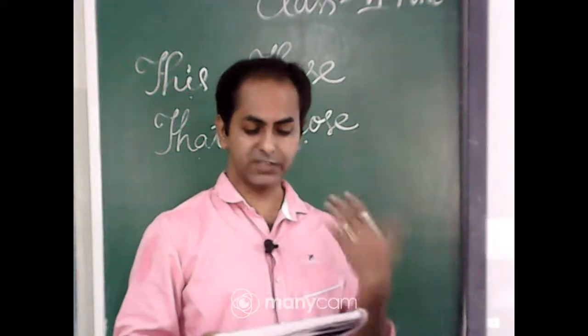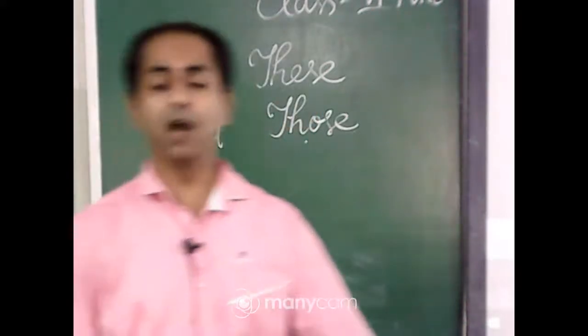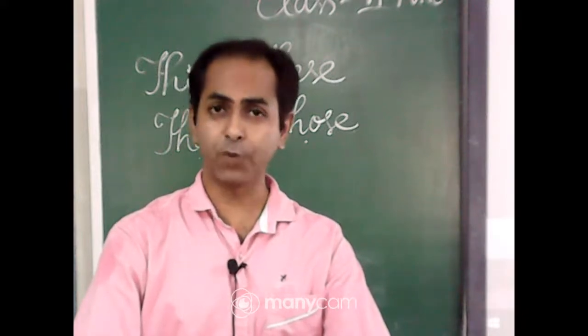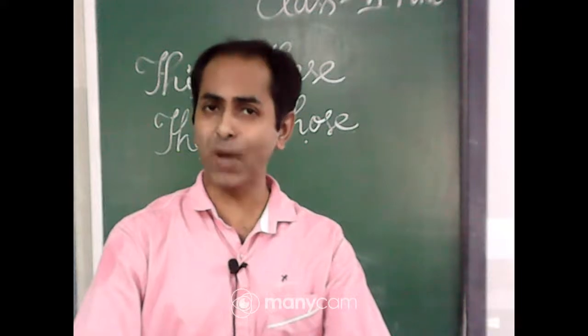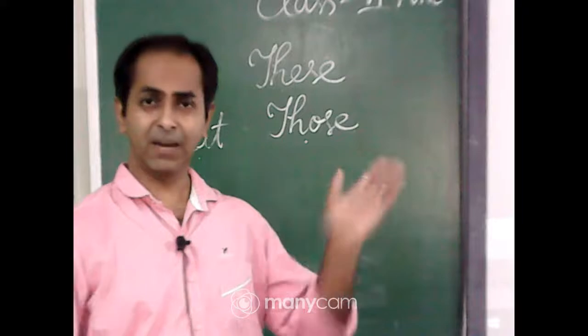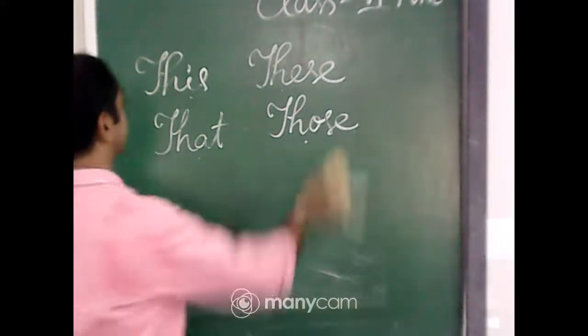Now, the difference they have not shown, but the difference is very important for demonstrative adjectives and demonstrative pronouns. It's quite confusing because the words are the same, but the usage is different. Let's see how.